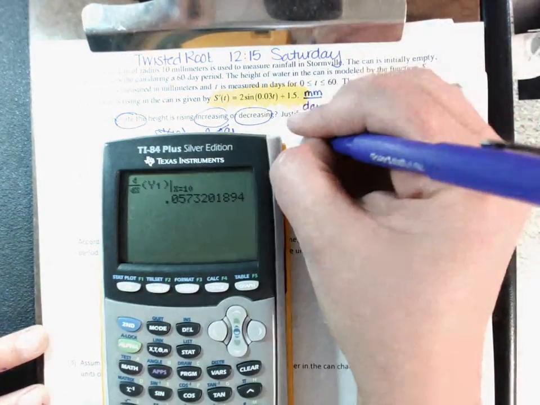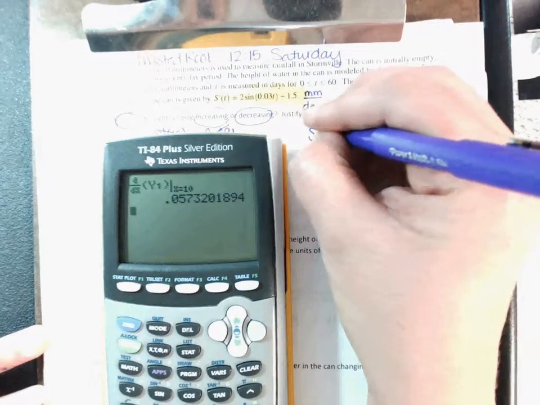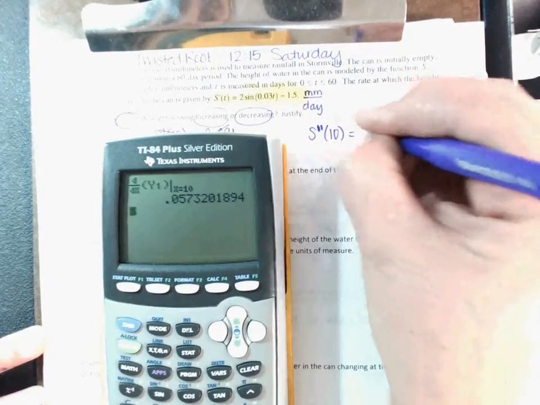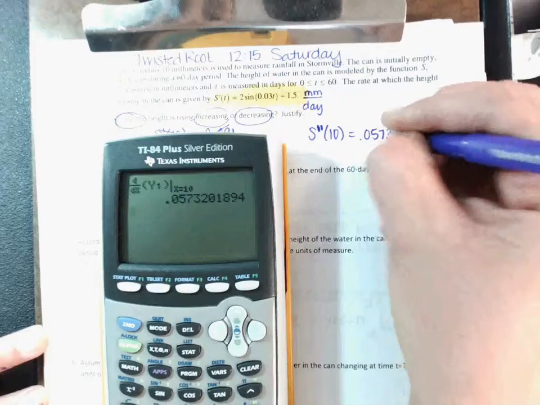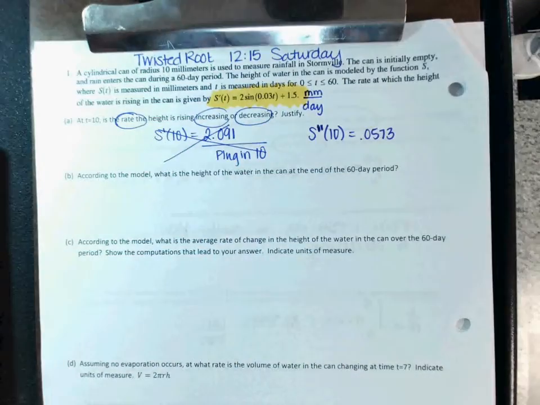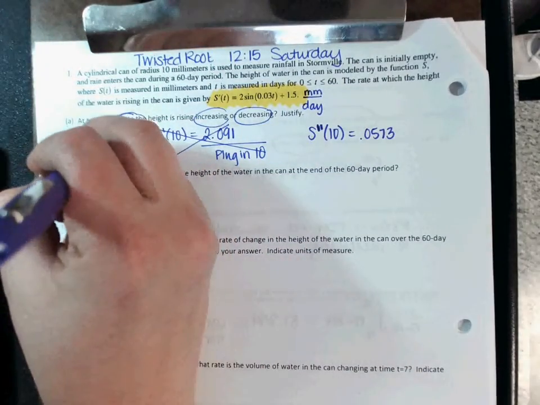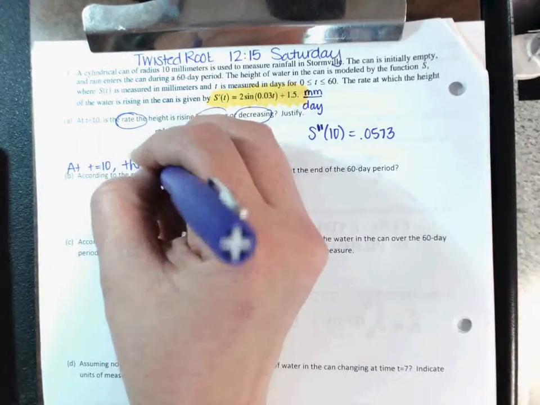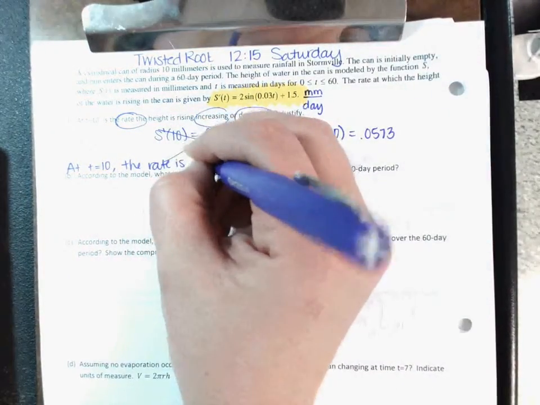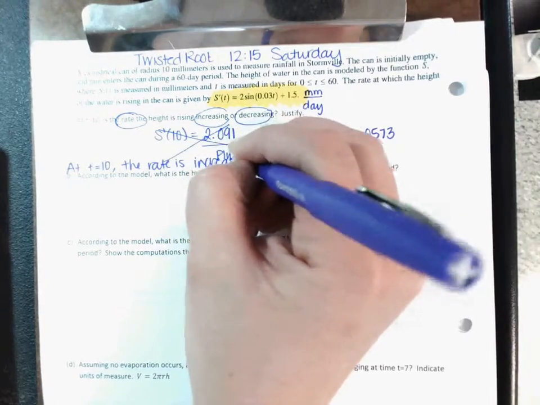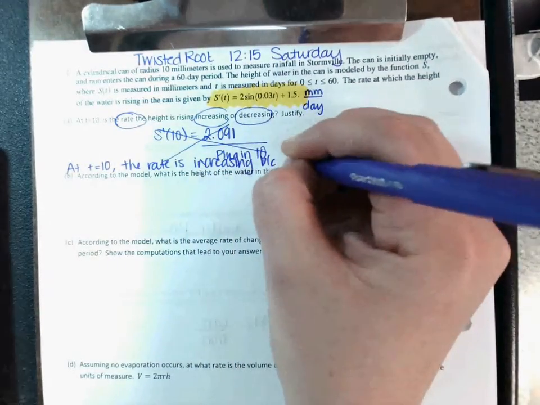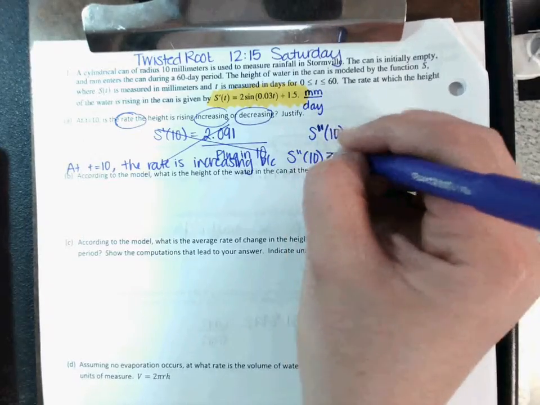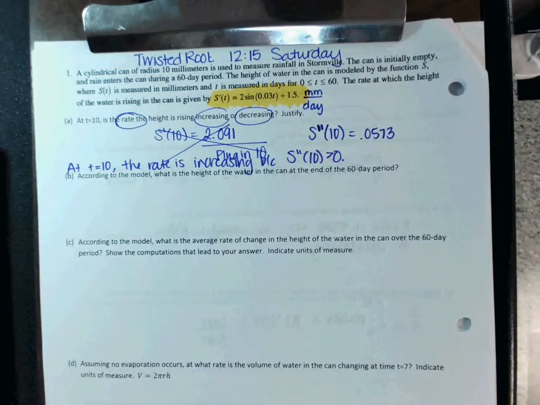So S double prime at 10 is 0.0573. So I would say at t equals 10, the rate is increasing because S double prime of 10 is greater than 0. Okay?